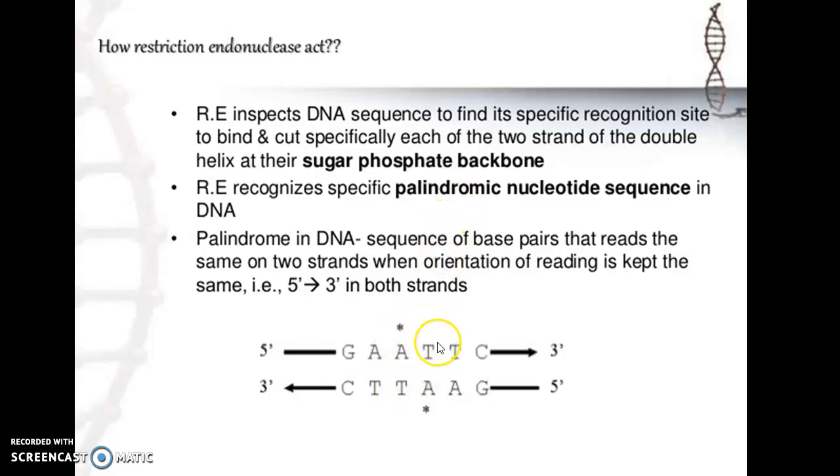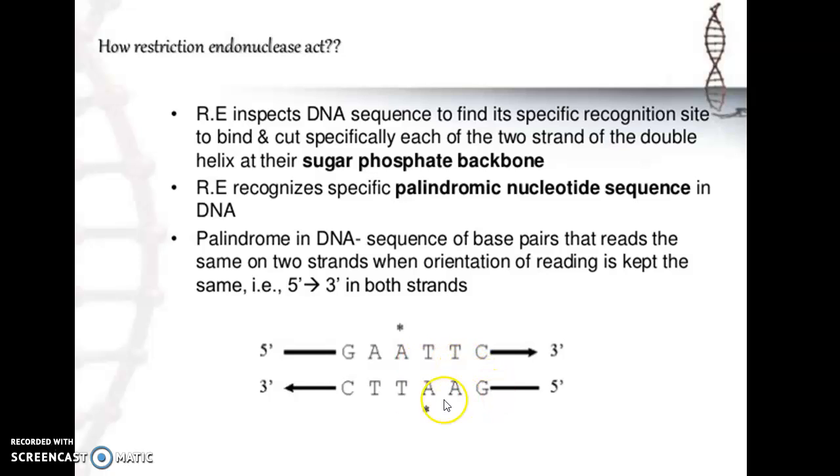For example, this is a DNA molecule having two strands, and this is the palindrome sequence. It has a unique symmetry. That means the nucleotides of the first strand are the mirror image of the second, or vice versa. For example, when we read in the same 5' to 3' orientation on both strands, the sequence is GAATTC.